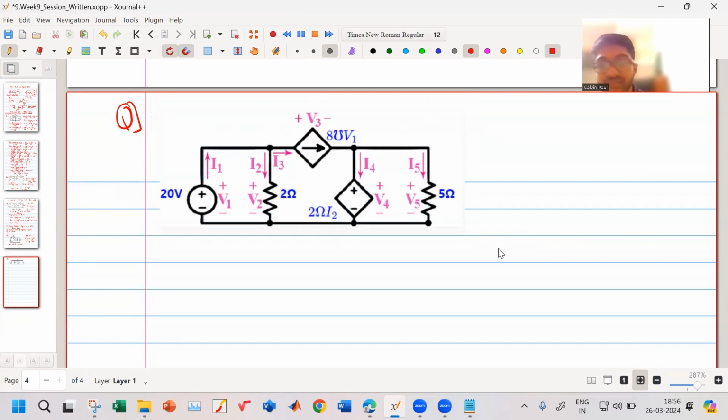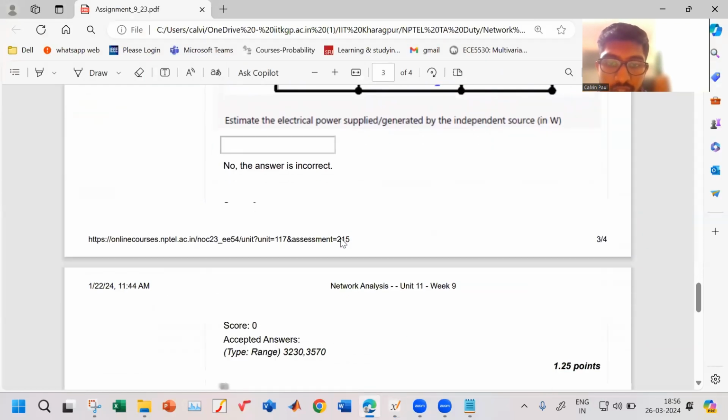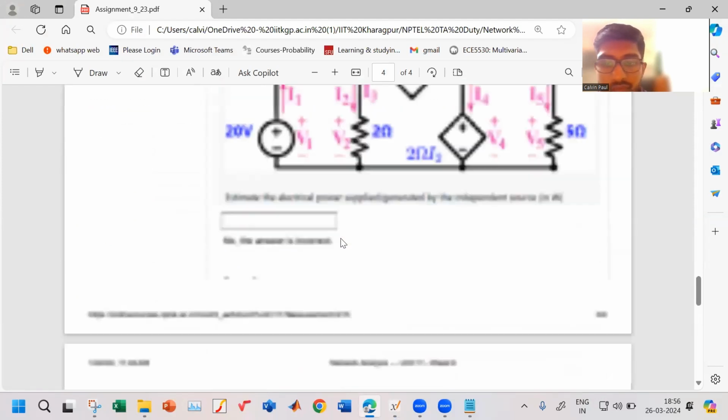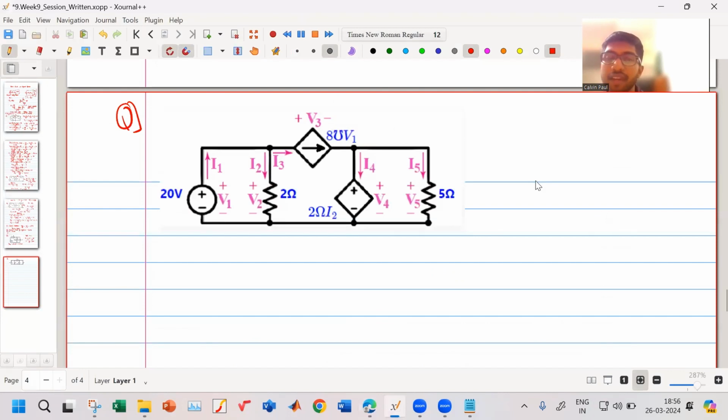Okay. So in this one, we have to find the power generated. If we have to find the power generated by this 20 volt voltage source, the power delivered or supplied by this current source, and by this other source, as well as the power dissipated by this resistor, how should we start?